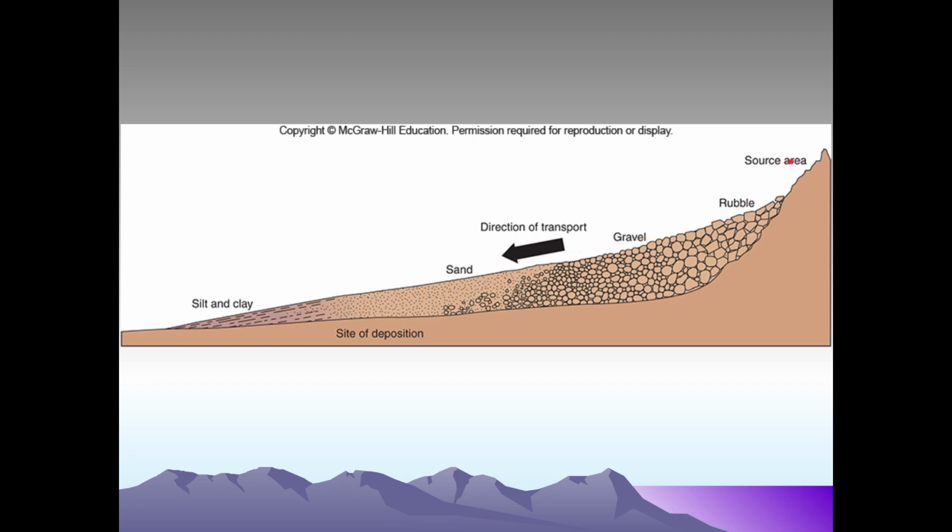So some things to think about: the farther away your source is, the more transportation you have, and the more sorting and rounding you get. So when we have a place like the Rockies, the Denver area and Pikes Peak and all that stuff, if you've been over there, those rocks, when they weather and erode, a lot of them end up in the Arkansas River.